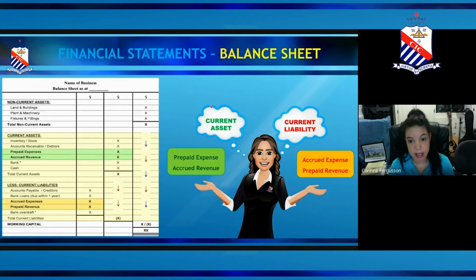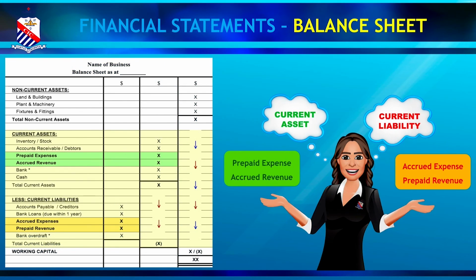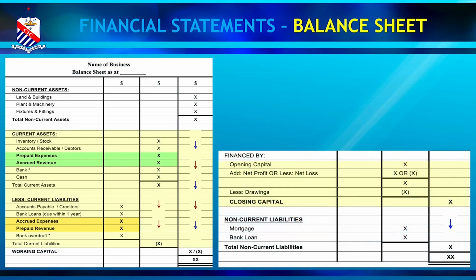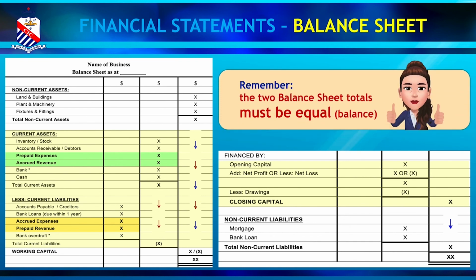Just memorize that your prepaid expense and accrued revenue is a current asset, and your accrued expense and prepaid revenue is a current liability. Nice. And after you have done that, full balance sheet, just do your balance sheet and remember to balance. Once you balance, you're good.